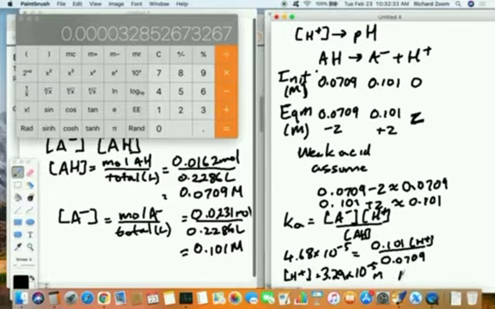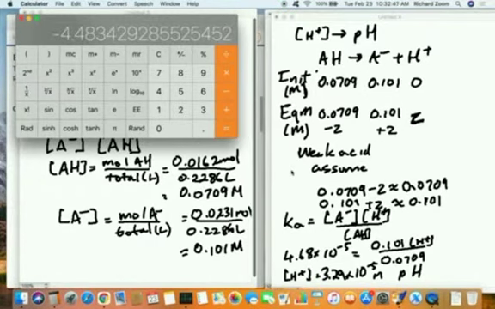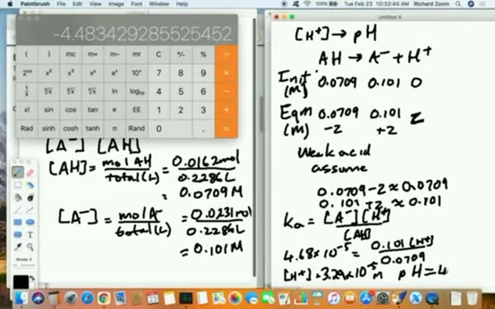The pH then is going to be the negative log of that, 4.483. If we take significant figures properly into account there, 3 sig figs means 3 decimal places on the log, 4.483. So that's the final pH.